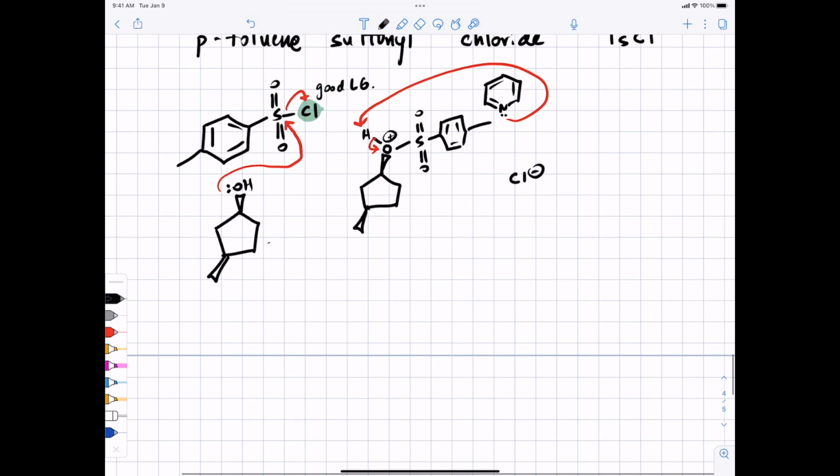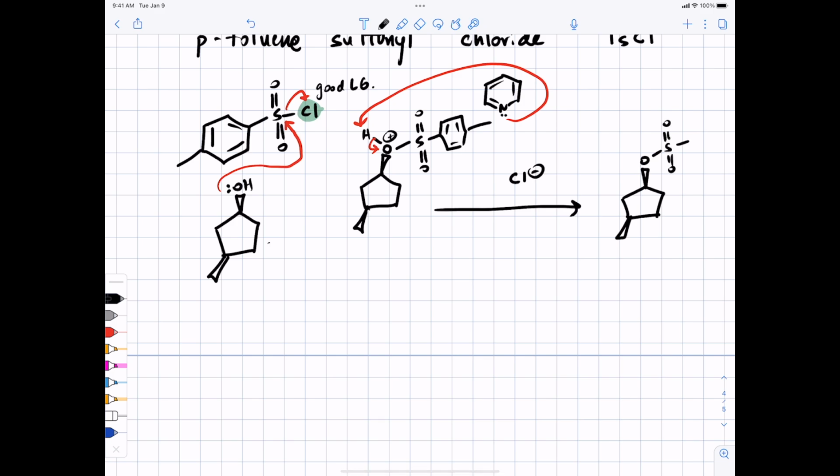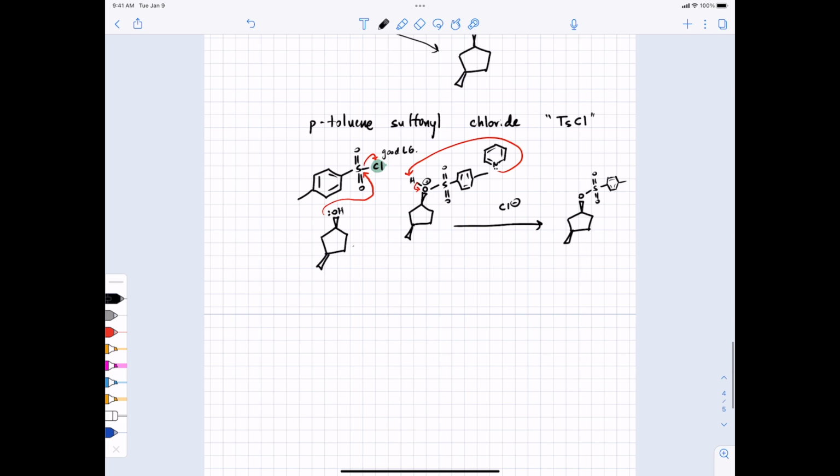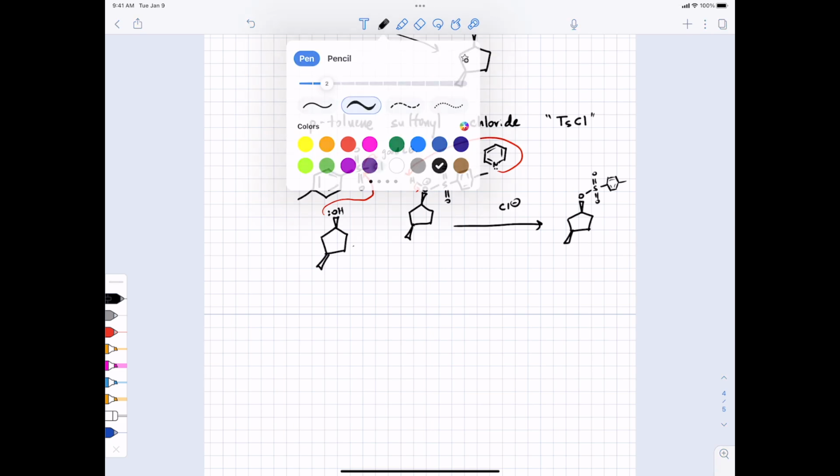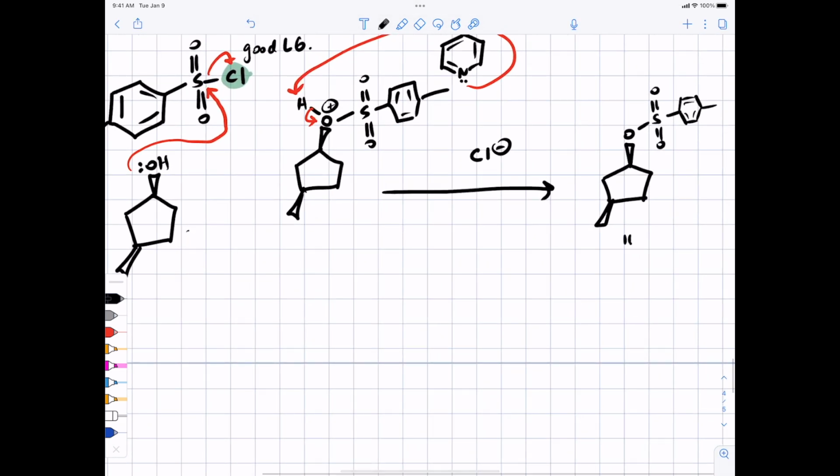And that will generate a shelf-stable product that you can store in the fridge and then use again at some other point in the future. And this is a reaction people do all the time in the lab. So this product, because people often do not like to draw out all of this, you're welcome to do so.